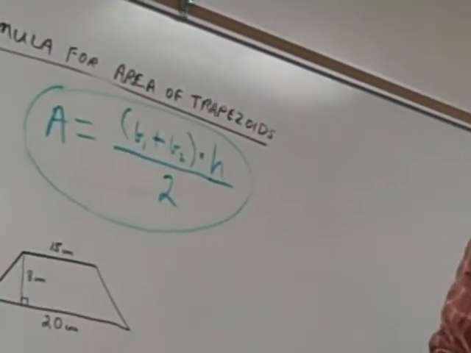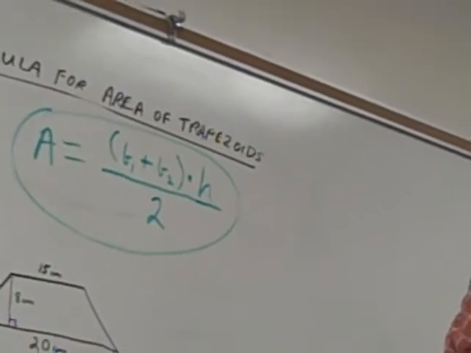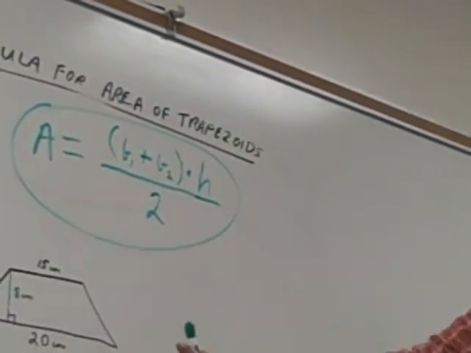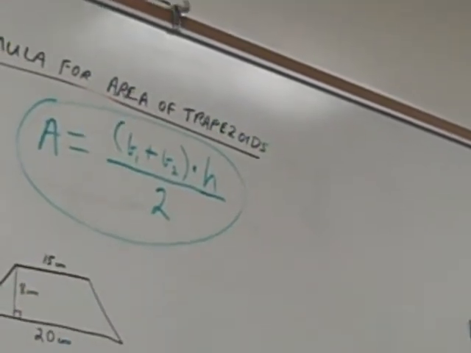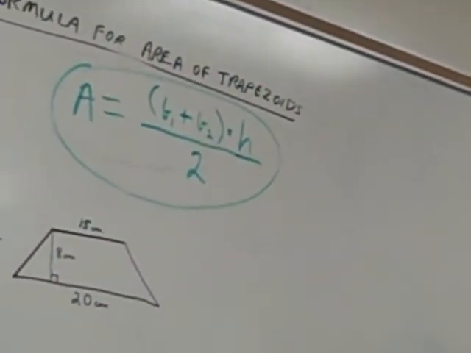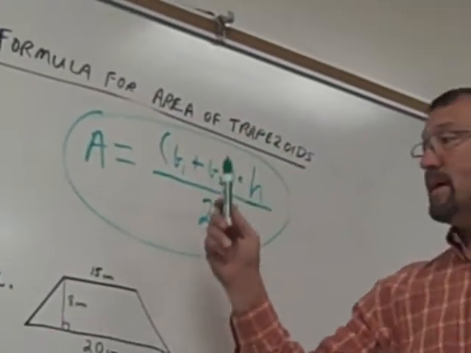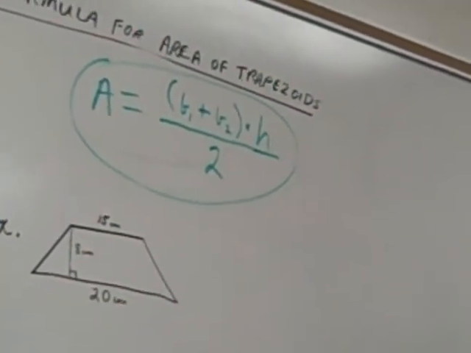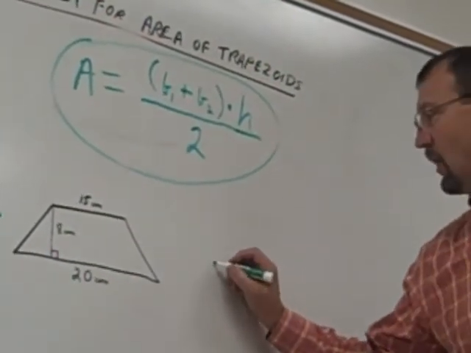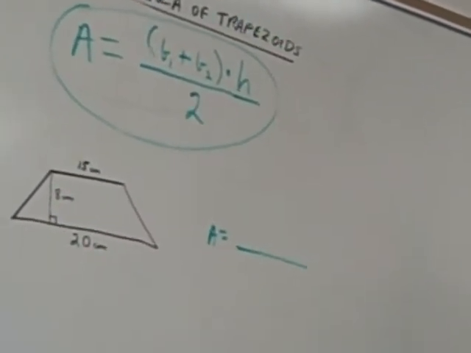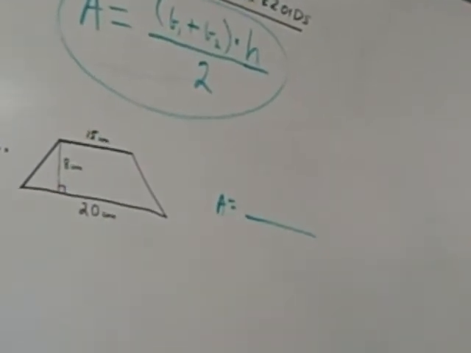Is there still a shortcut? That's the shortcut. Let's go. Keep our eyes open. So, this is what we're going to be using. Here's our first example. So, A equals, put a bar. Where's base 1?